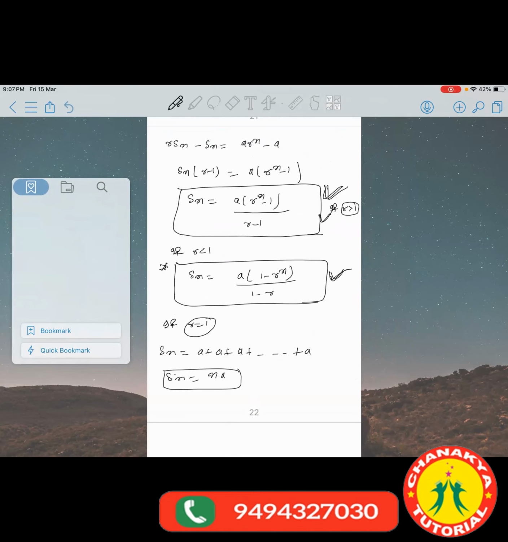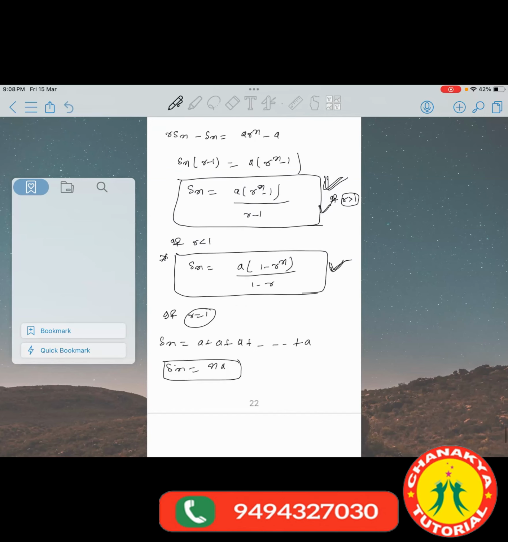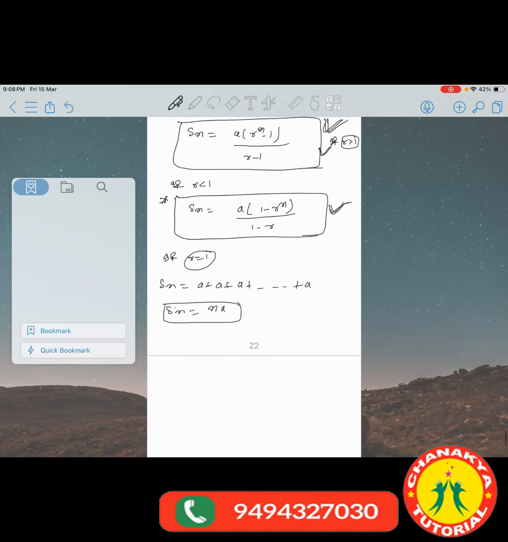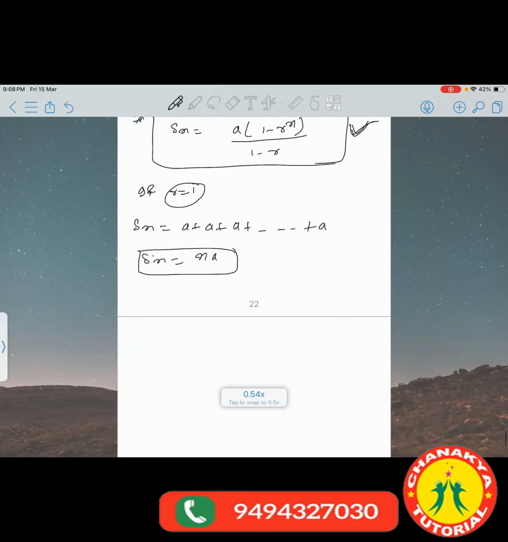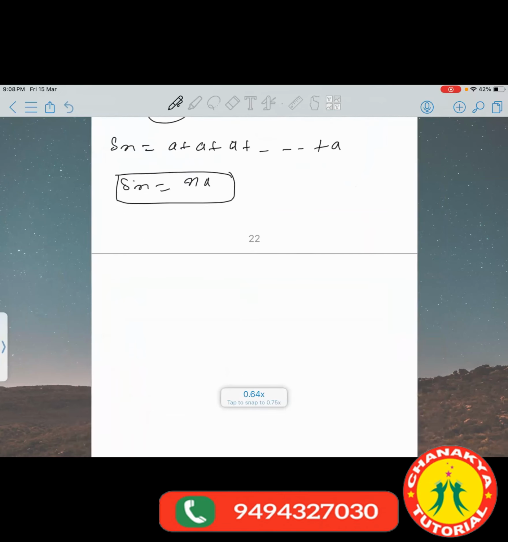Check first while finding the Sn, you can check whether r is less than 1 or r is greater than 1. So remember, Sn is always positive, so use 1 minus r power n if r is less than 1, right? So apply these things.